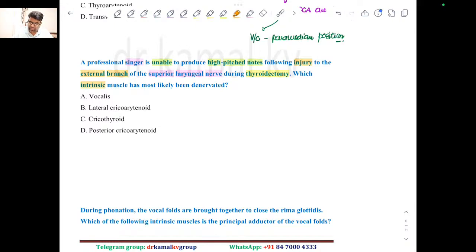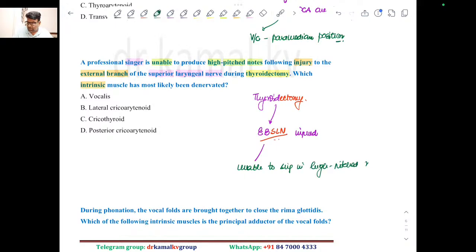So the patient has been operated, so there is surgical removal of the thyroid gland. After that there is injury to the external branch of the superior laryngeal nerve, and after this the patient is unable to sing in high pitched notes.